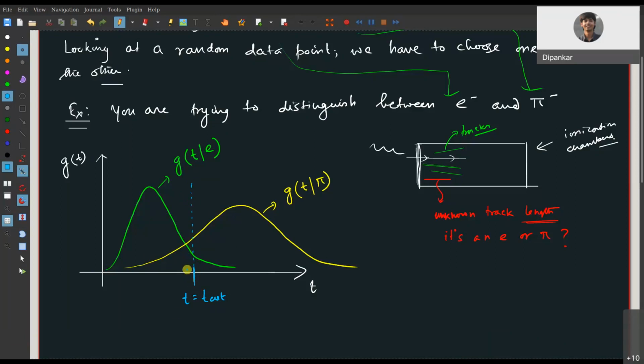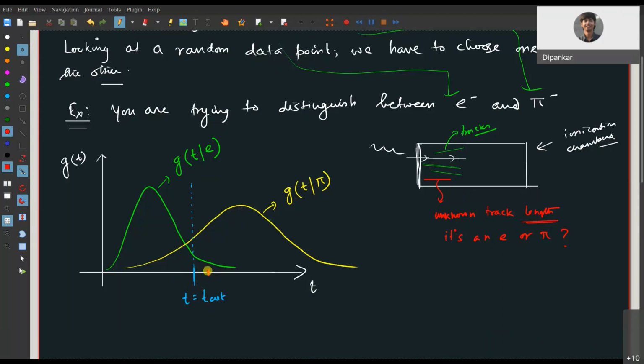and I notice that if my unknown track length is around here, then it's more likely to be a pion than an electron.